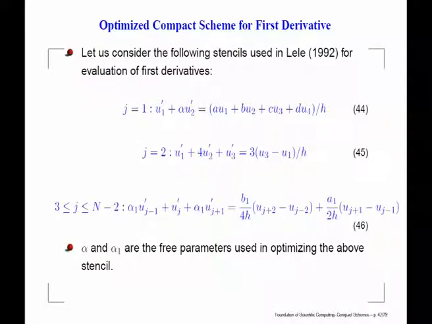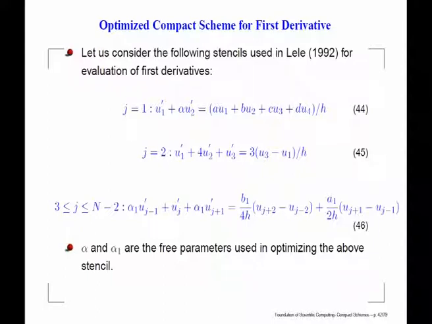So, we write the scheme like this. For j equal to 1, we say the derivative at the first point is related to derivative at the second point with respect to this coefficient alpha, and on the right hand side in the function value we take 4 points, because our experience in the 80s has shown that we could do an upwinding scheme for this j equal to 1 point, and that should be okay.